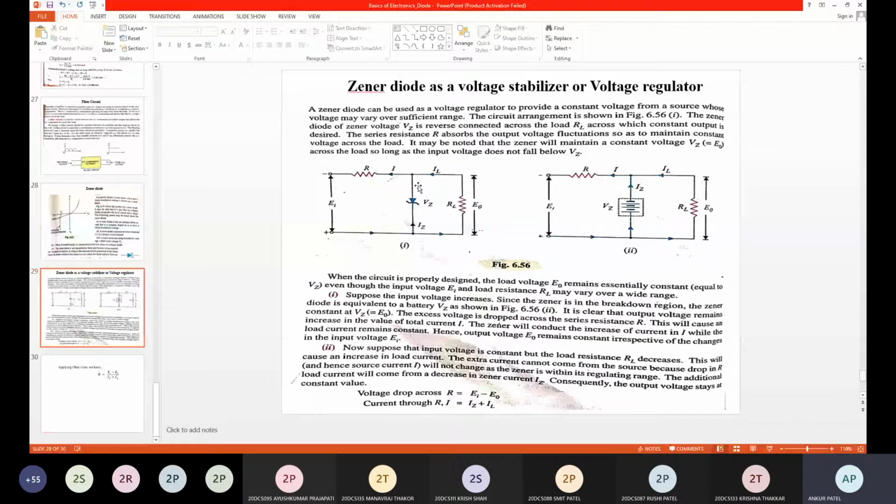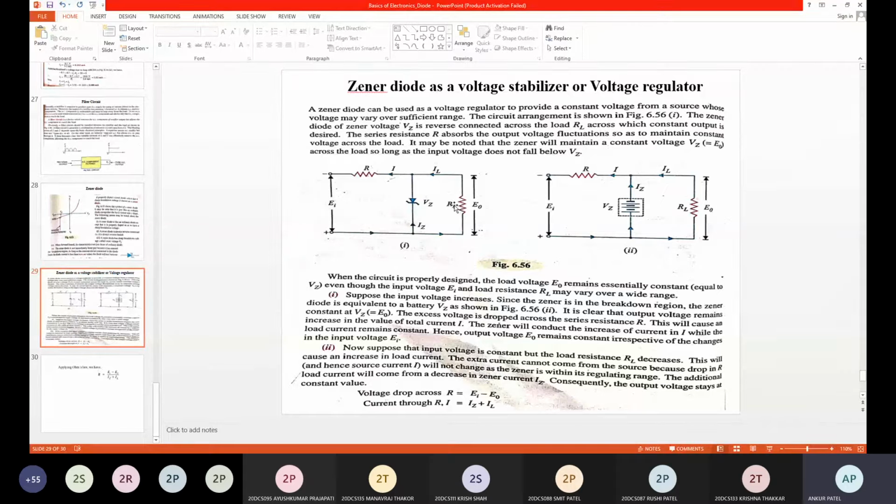Okay, so a Zener diode can be used as a voltage regulator to provide constant voltage from source. To provide constant voltage means Vz equal to E0 from source whose voltage may vary over sufficient range. So by varying this input voltage, we are getting this constant voltage across this load.